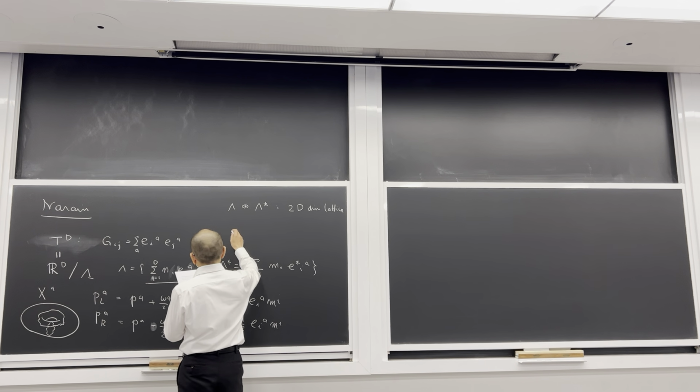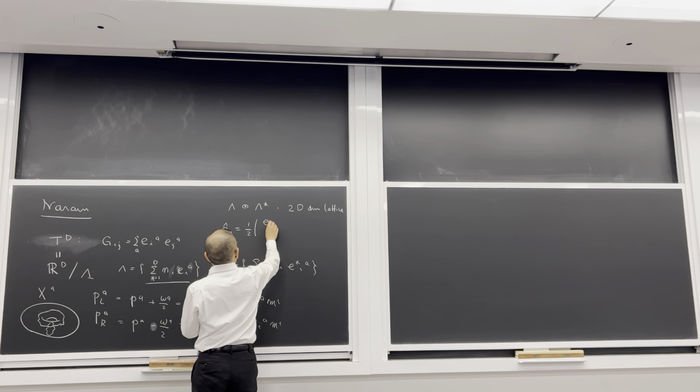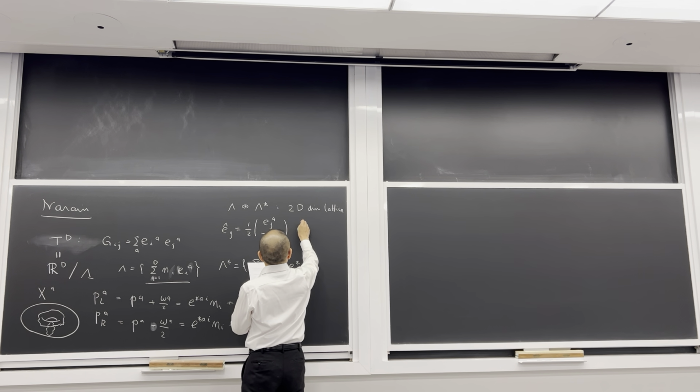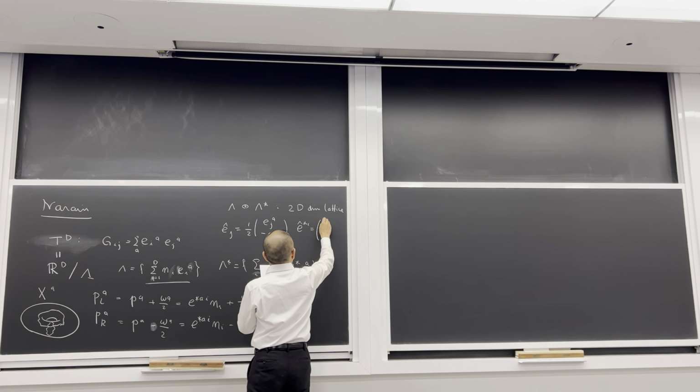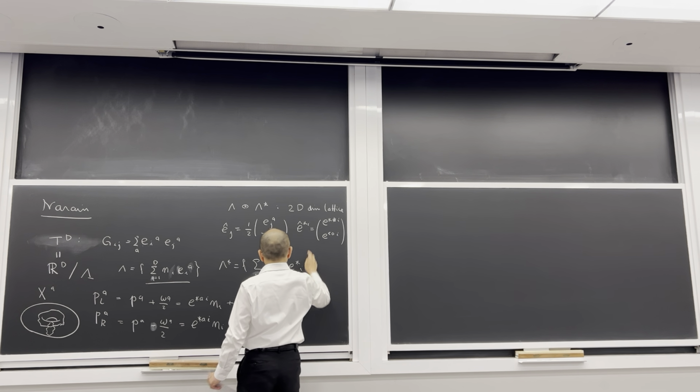There is actually a nicer basis of this, which is 1/2 of e_i minus e_i star, and e_i star.